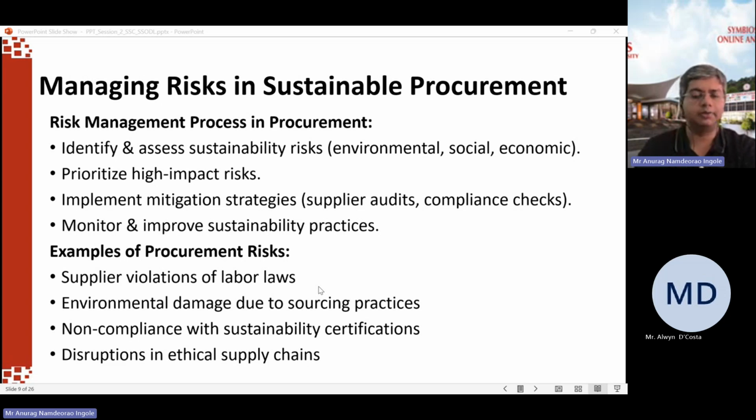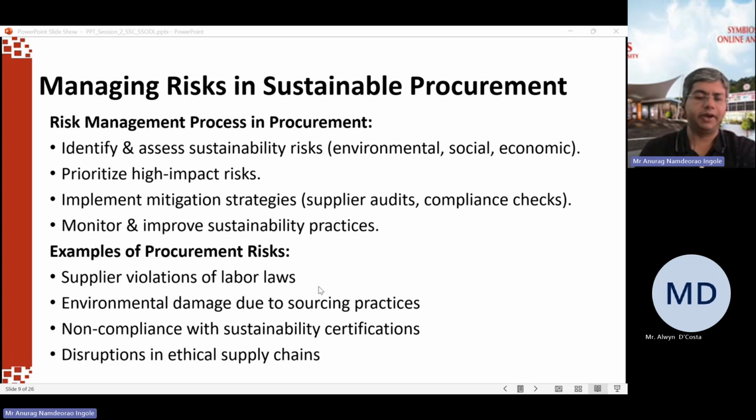Throughout the life cycle, whatever time we are engaged with that particular supplier, the contract period that we have with that supplier or any other stakeholder, we have to monitor and improve these sustainability practices continuously. Risk management, as you might already know, is a continuous process.